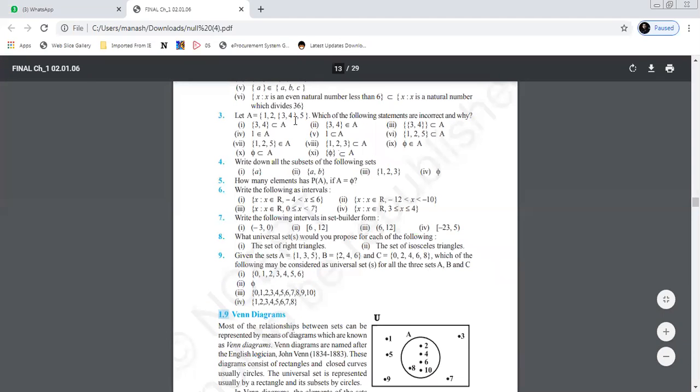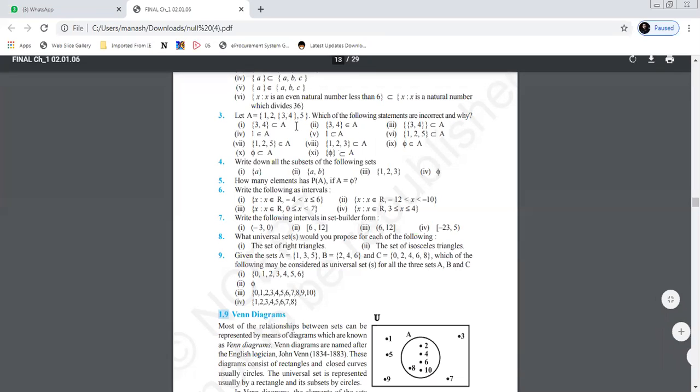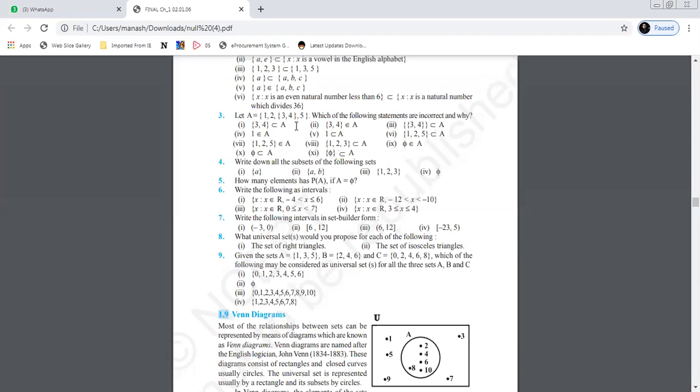At first tell me what is the total number of elements of this set A. By seeing this, tell me. 4 elements. Yes, this {1, 2} means it is one element. Okay, and this one. So total 4 elements are there.